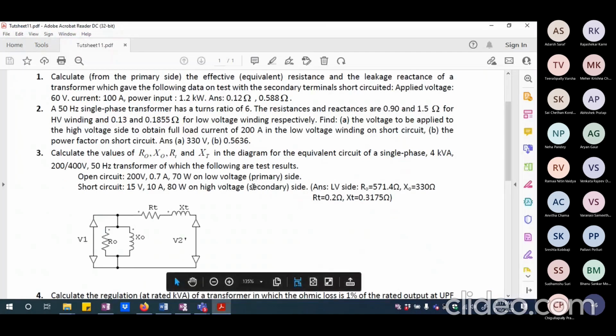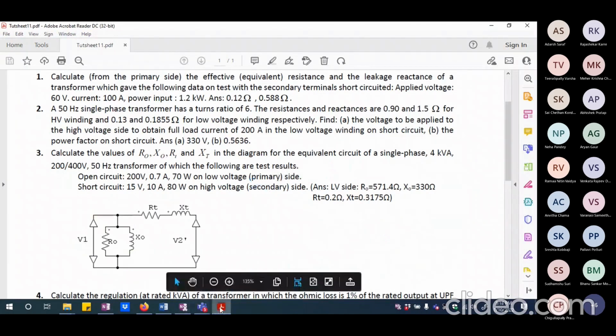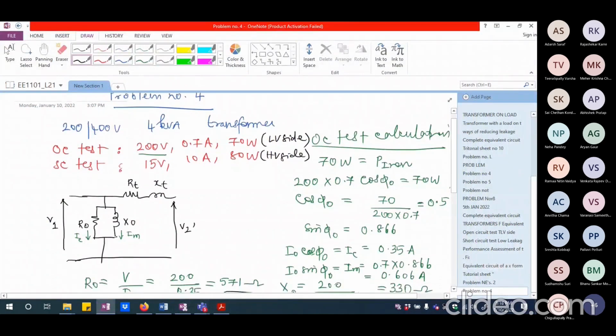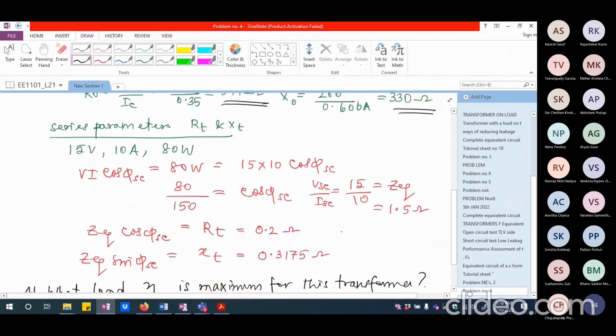This is primary side and this is secondary side. This is on secondary side, that is 400 volts side. So obviously whatever you got as the value, those have to be multiplied by half square. I hope you understand, because 400 volt side we have calculated RT and XT. Okay, so these are on HV side.